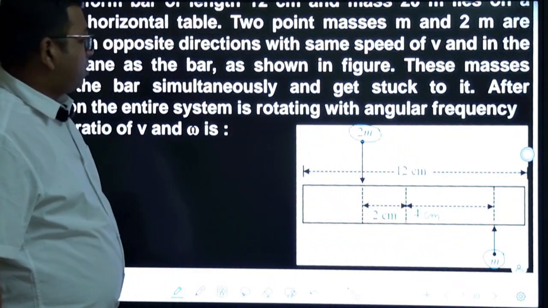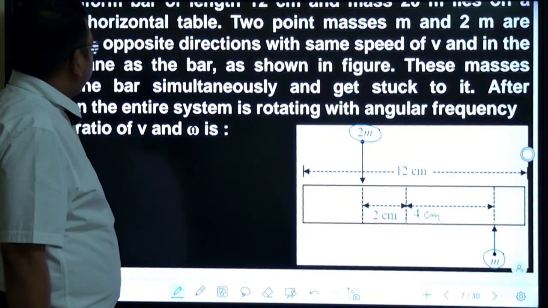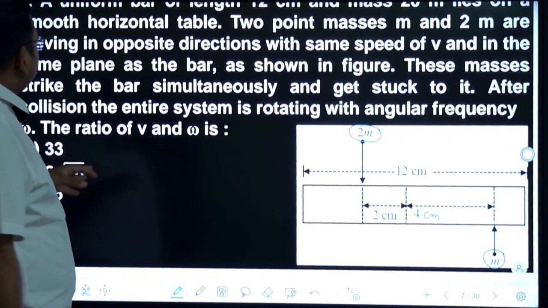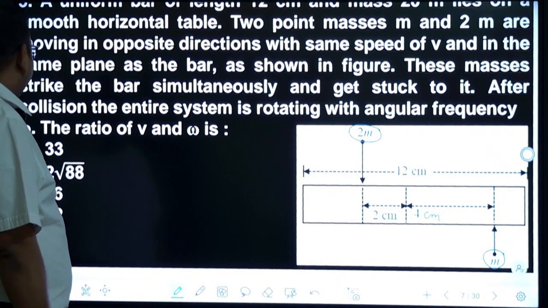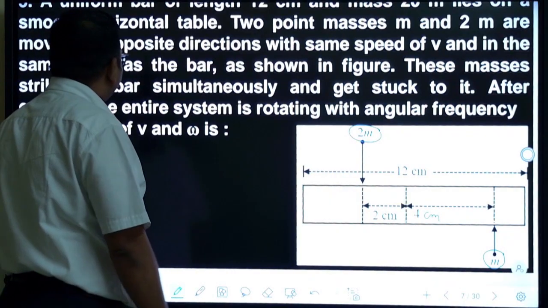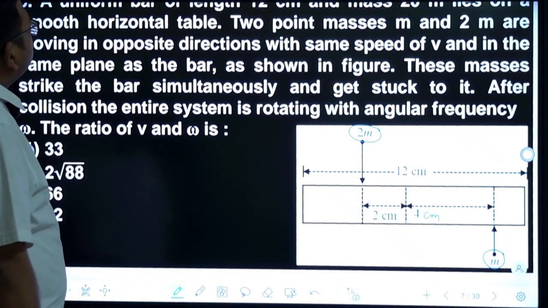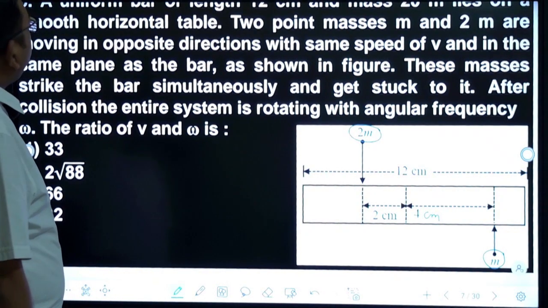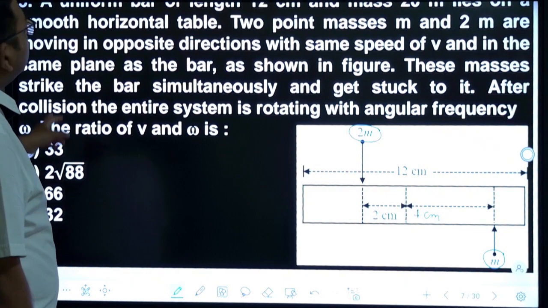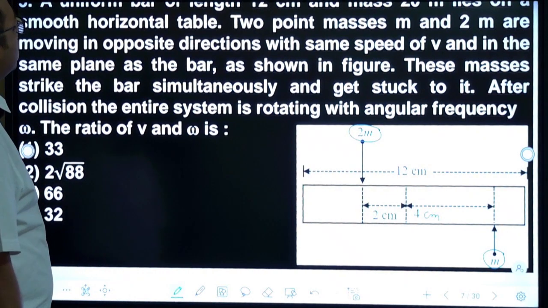So what we need to find out is, after collision, the entire system is rotating with angular frequency omega, the ratio of v and omega. What is v here? 2 point masses m and 2m are moving in opposite direction with the same speed.